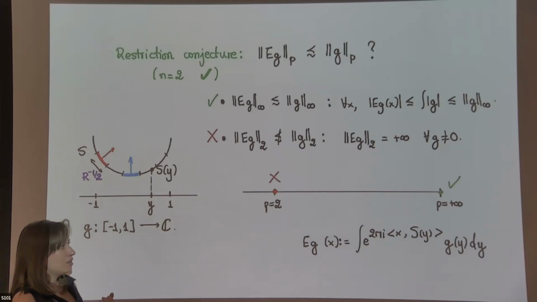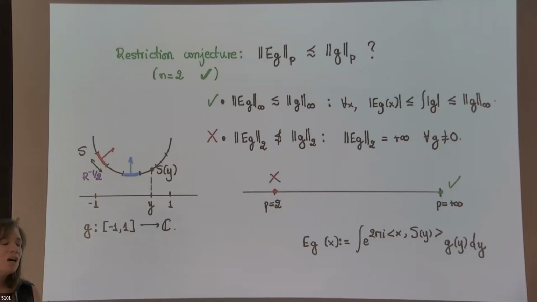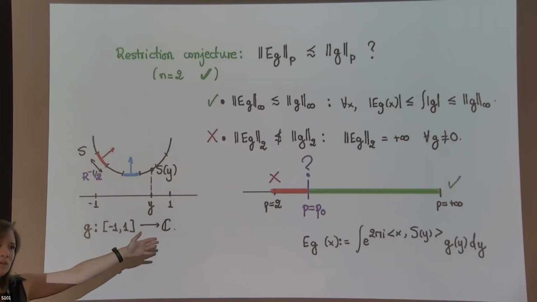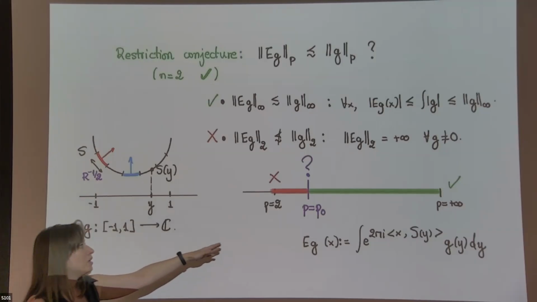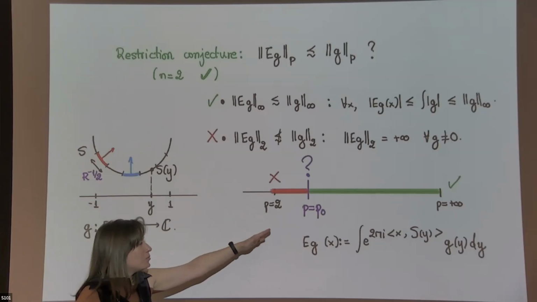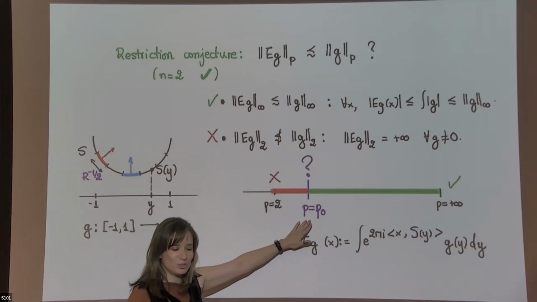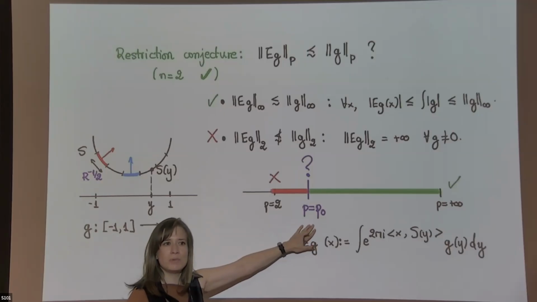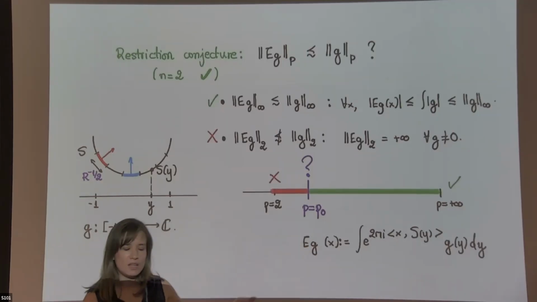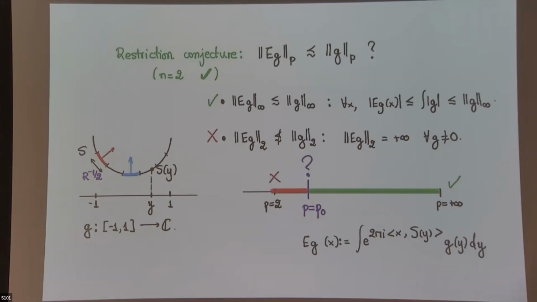At infinity, the conjecture holds. At some point from infinity all the way down to 2, it should start failing. And the conjecture suggests the exact point where this switch of behavior happens. People have proved that the point suggested holds in two dimensions. That's the point P equals 4 in two dimensions, but in higher dimensions, it's still open.